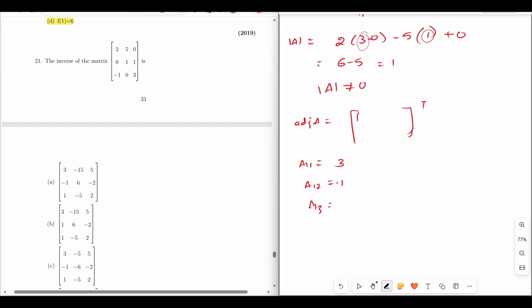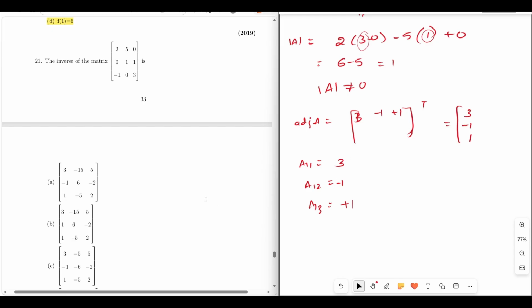Since it is negative, you'll get minus 1. And A13, you will get it as plus 1. So A11 is 3, A12 is minus 1, A13 is plus 1. Since you take the transpose, this will be equal to 3, minus 1 and 1.